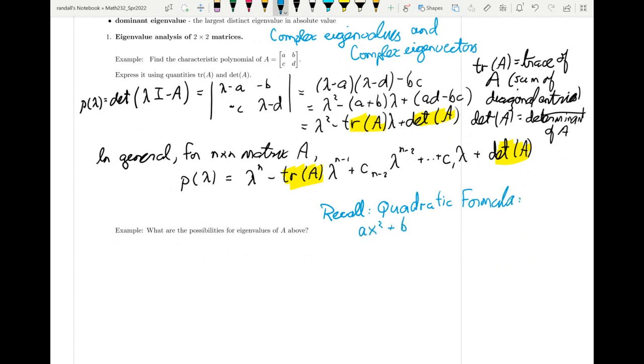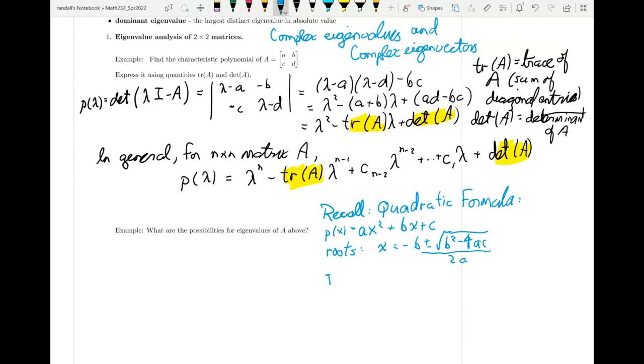Let me just write one out, ax squared plus bx plus c. All right, so p of x equals that. And then the roots are given by the quadratic formula. So x equals minus b plus or minus the square root of b squared minus 4ac, over 2a.